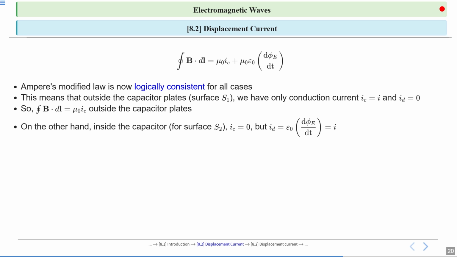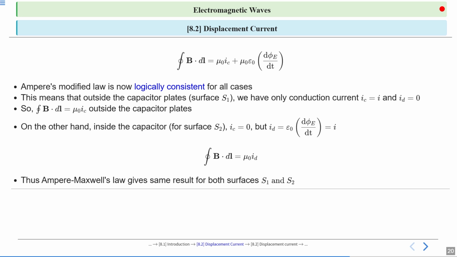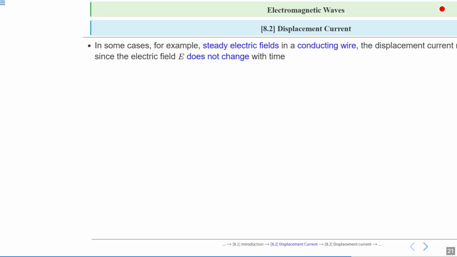So ID is epsilon naught d phi E upon dt, which is equal to I. So closed integral B dot dl will be equal to mu naught ID. Thus Ampere-Maxwell law gives the same result for both S1 and S2 surfaces, and now this law is logically consistent for all the cases.